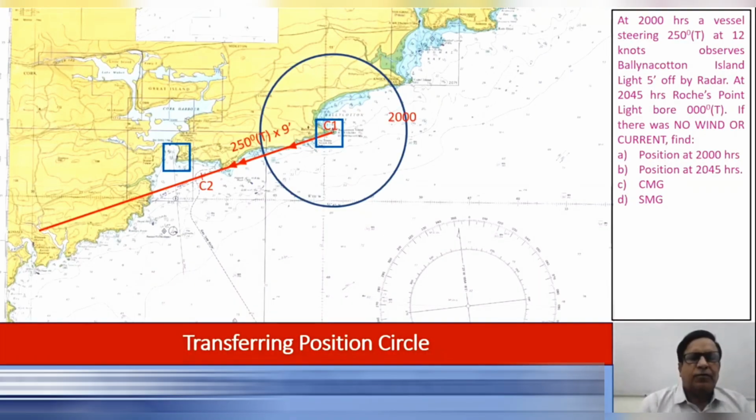So that means the center of 2000 position circle is transferred to C2. With C2 as center and radius of 5 miles, that was the same as the radius of 2000 hour circle, we draw the transferred position circle. The green circle which has now come up on the chart is the transferred position circle. That means at 20:45 the vessel would be somewhere on the green circle.